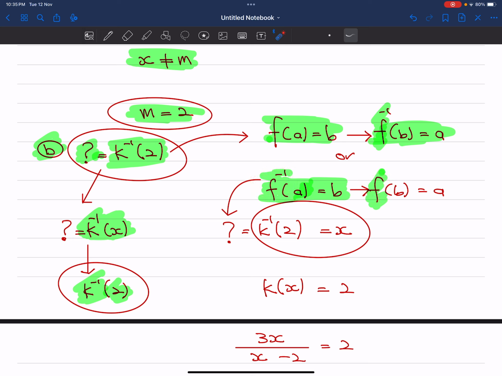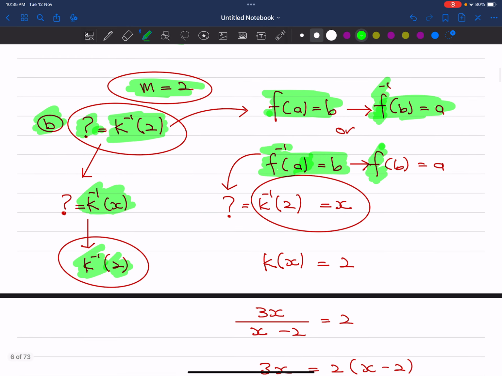I repeat, function becomes inverse or inverse becomes function when you exchange the object and image. Here, the question is asking, find k inverse 2, which I make equals to x.